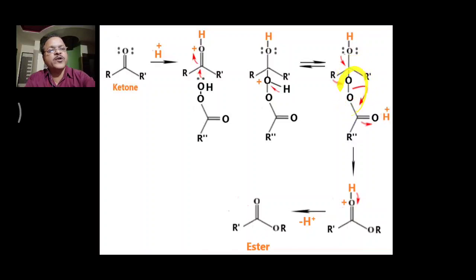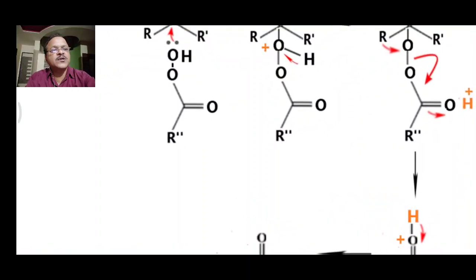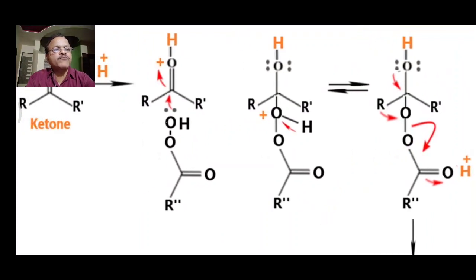Now this compound undergoes electron shifting as well as migration of this alkyl group to this oxygen. Now let me zoom this. The lone pair of oxygen will form a bond with this carbon, and a double bond will be formed.